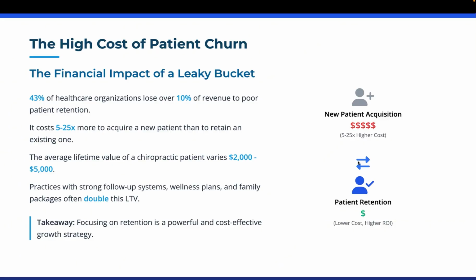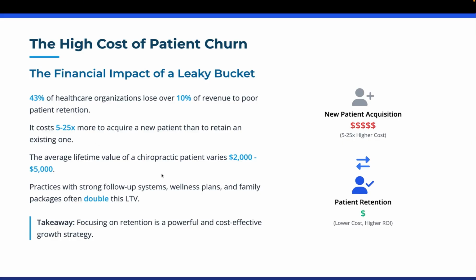And if you can slow down the churn, if you can bring the patients back to you, you can save quite a bit of money and resources, because in general it takes about 5 to 25 times more resources and time to acquire a new patient than to retain existing patients that you already have.